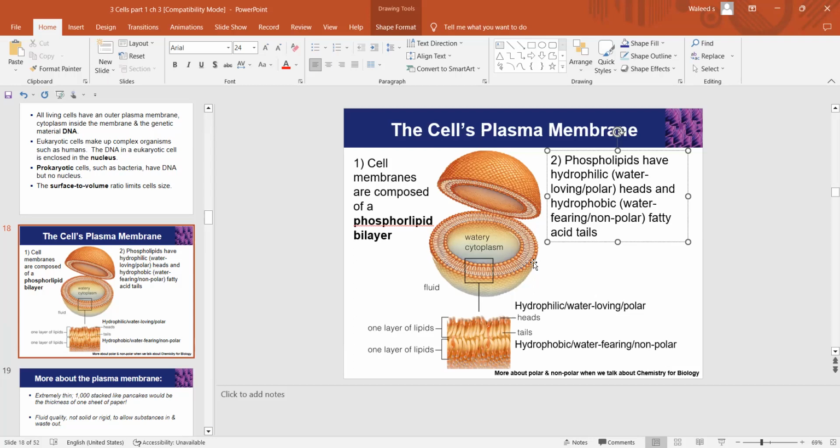The heads are the phosphate ones, and the tail is lipid. So by doing this, you have the phosphate facing out. It can interact with the water outside. Look at the other side. It's like upside down. So the heads are still the heads.